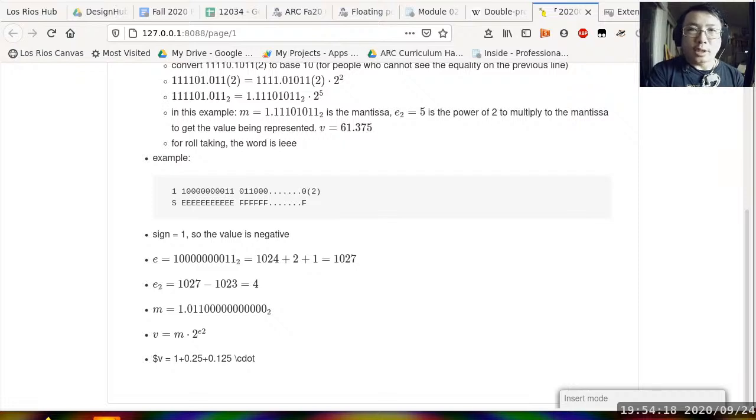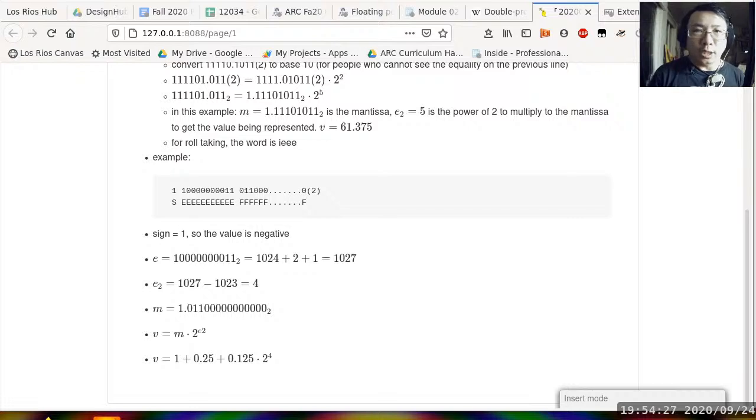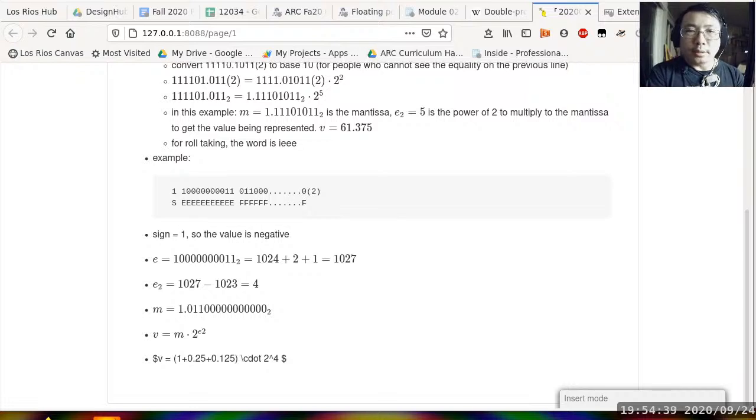Then we have times. We already know what is the value of E2, which is 4. So we have 2 to the power of 4. That is V. Okay, and I need parentheses. So let me put parentheses around all of the components of the mantissa. Okay, so let's work this out.